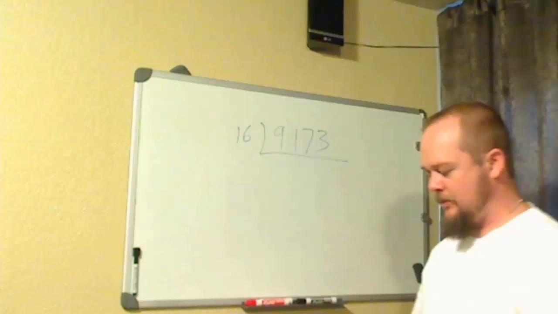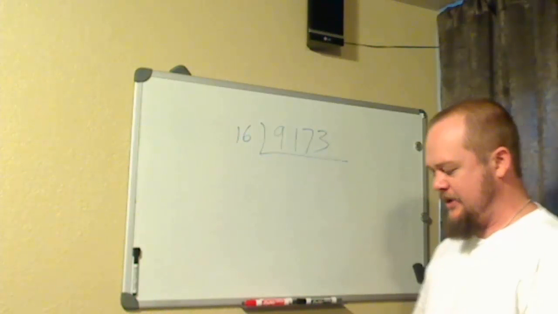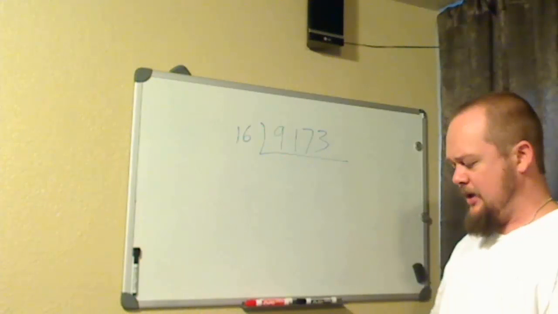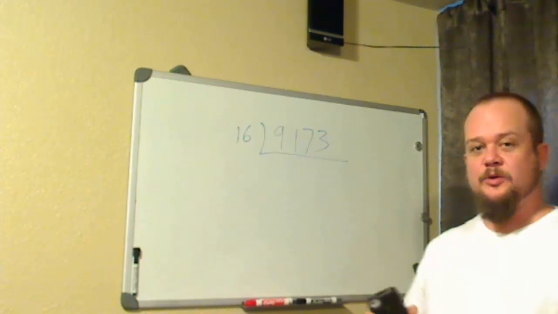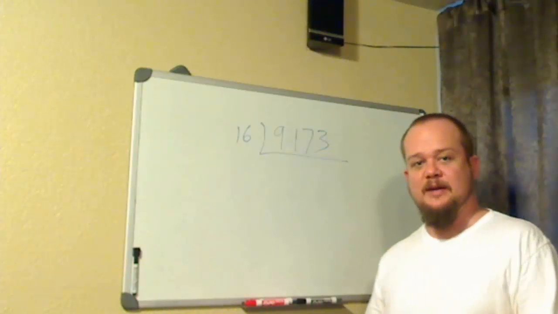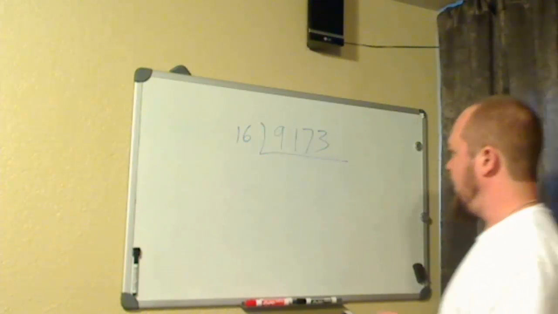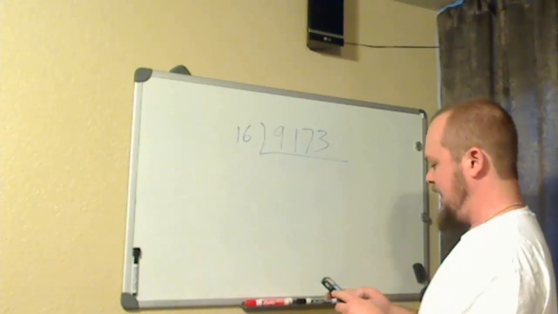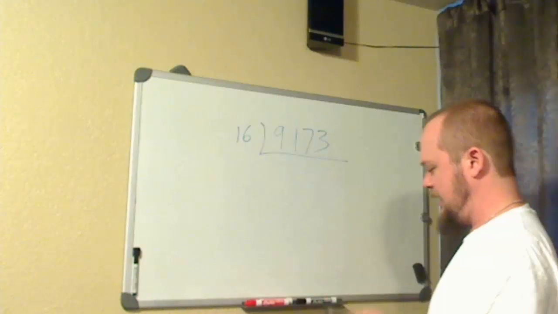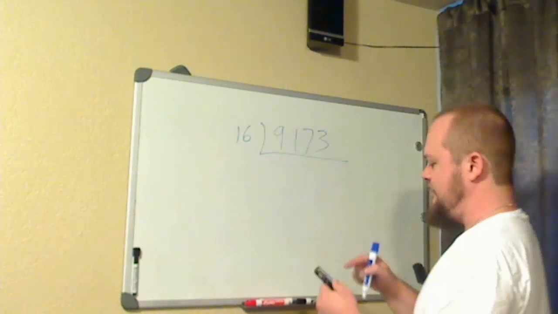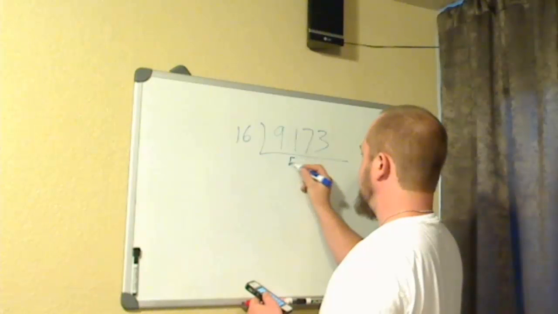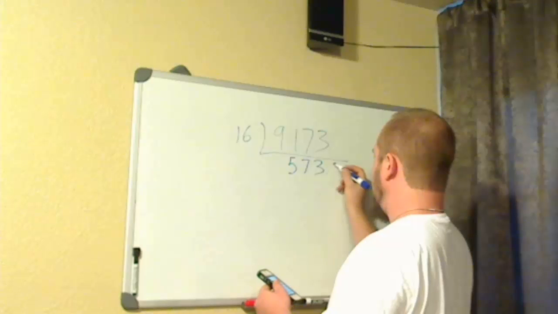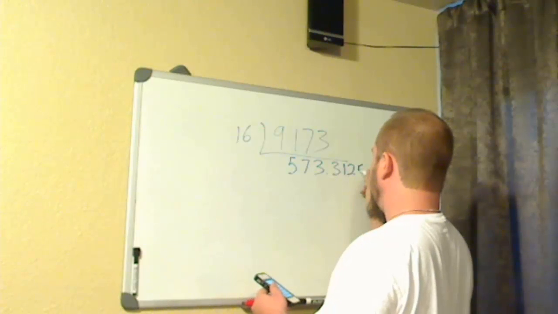What I wanted to show you, I almost forgot. Since a lot of you are not going to feel very comfortable dividing by 16 in your head, you might want to use a calculator. Using a calculator, there is an additional step, which is important. So let's take 9173 and divide by 16, and that will give us 573.3125.